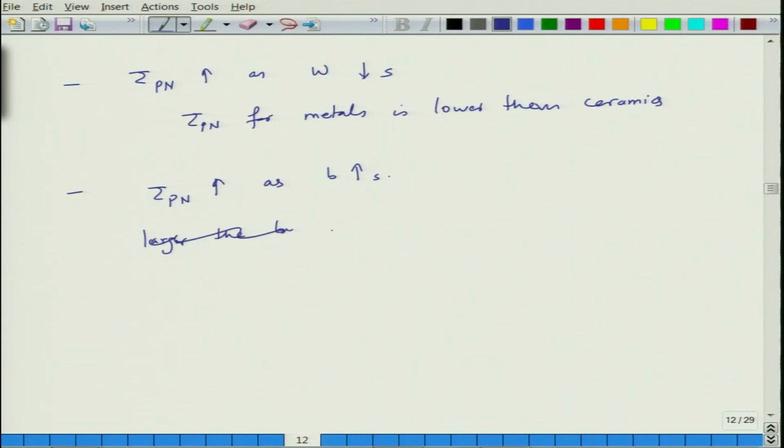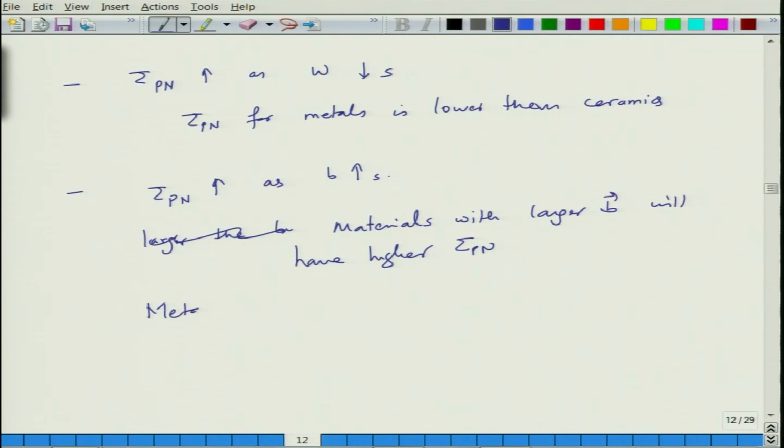So, which means materials with larger B will have higher tau Pn. So, metals' Burgess vector is smaller than ceramics' Burgess vector.